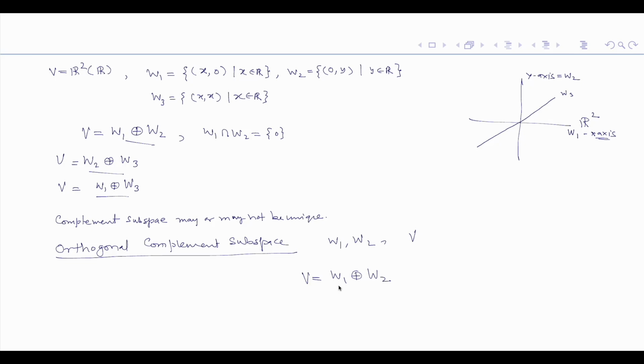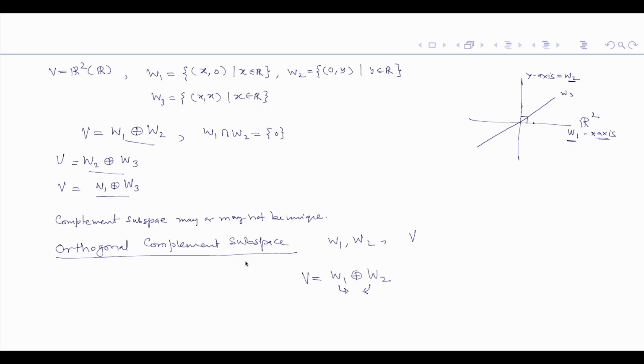So any vector you take in W1 and W2, they are orthogonal, meaning they make 90 degrees, right? So this is orthogonal complement, where the dot product is zero.